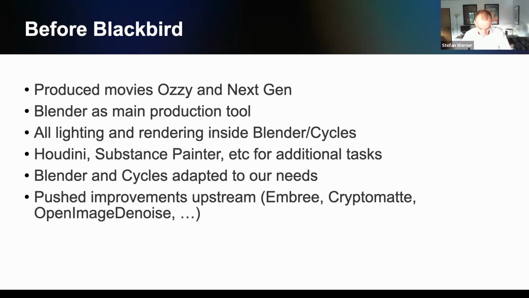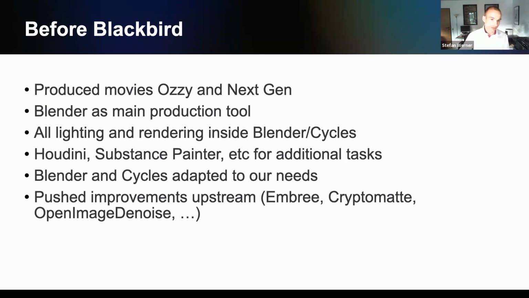So for handling massive scenes and motion blur, we added support for the Embree open source library. We implemented the Cryptomatte standard for compositing. And pretty much as soon as Open Image Denoise came out from Intel, we also jumped on it and implemented it, and it happened really quickly. It was fairly easy. And that also made its way into the main Blender distribution.